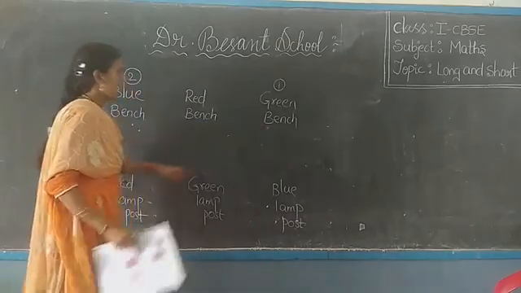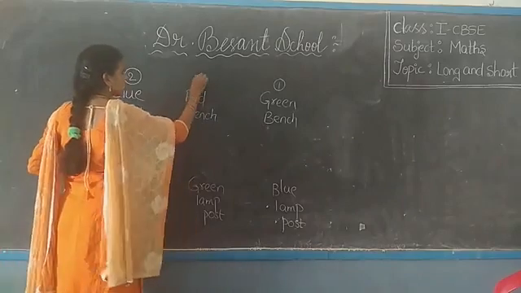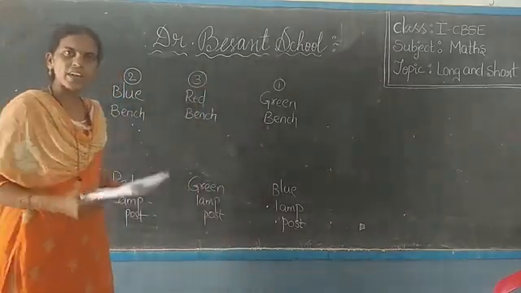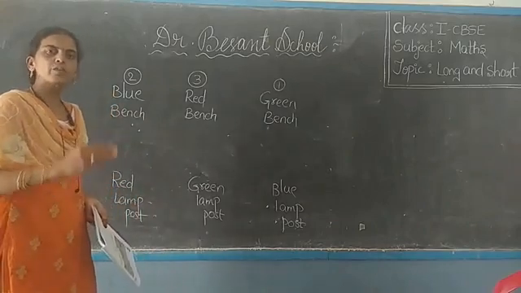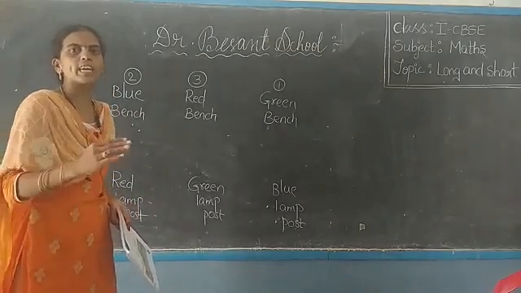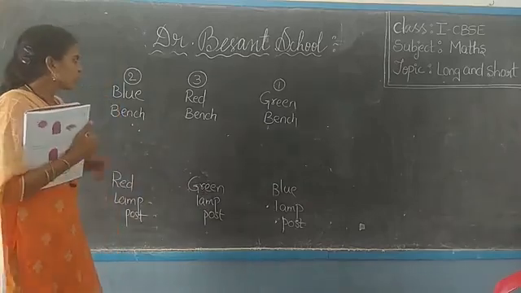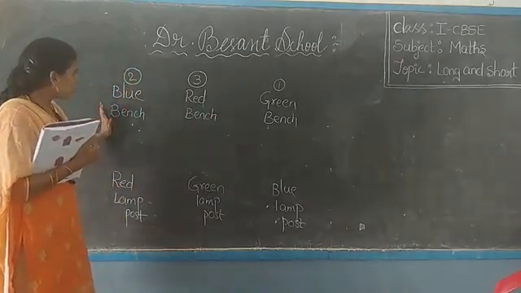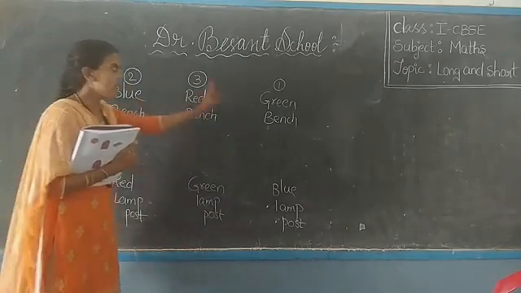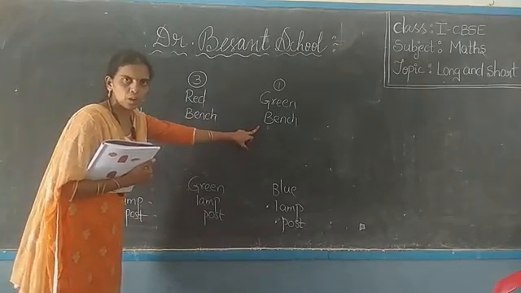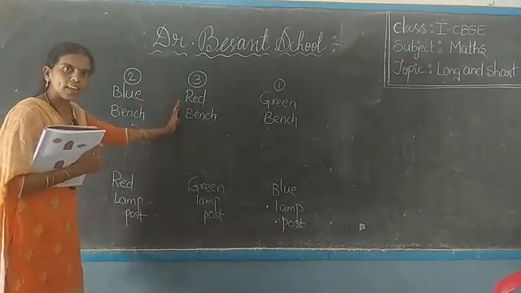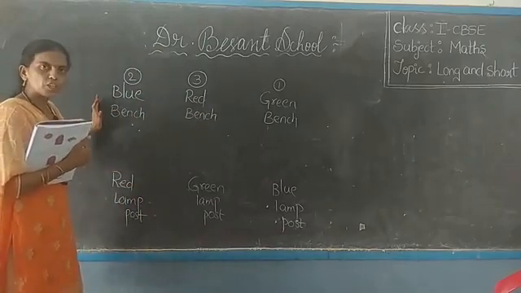And I am giving number 3 for this red bench, so that we can easily identify which one is longer, which one is long and which one is the longest. So the blue bench is longer than the green bench, and this red bench is longer than this blue bench.